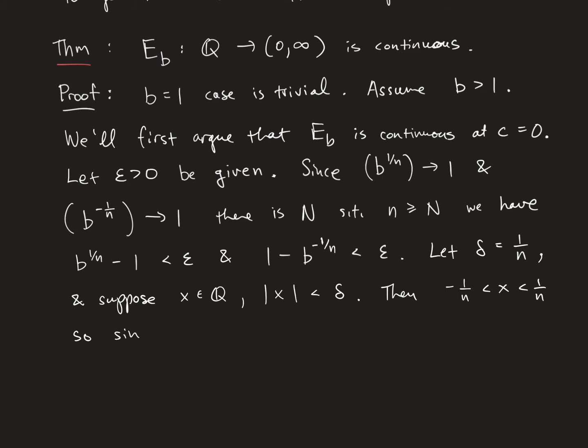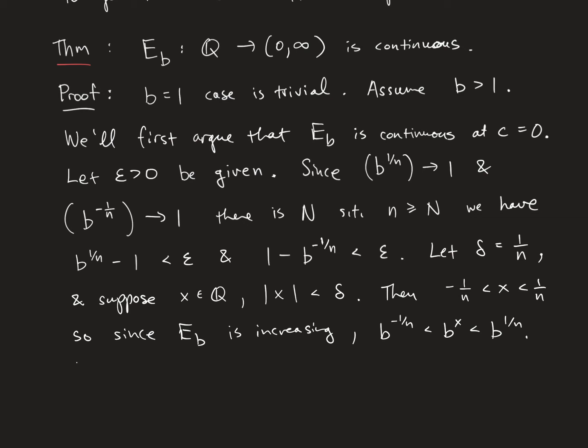So since e sub b is increasing, b to the negative 1 over n is less than b to the x is less than b to the 1 over n.